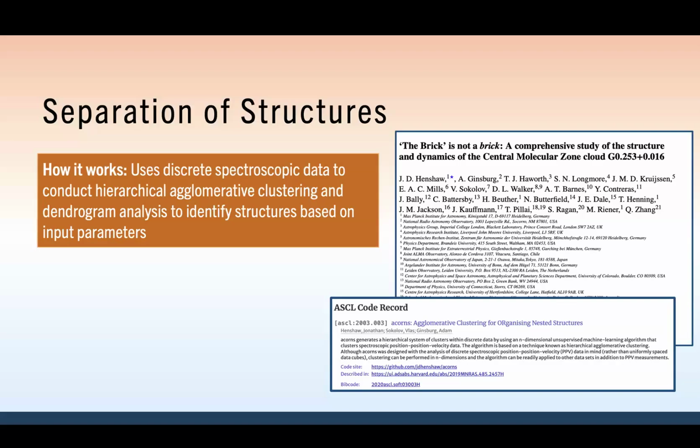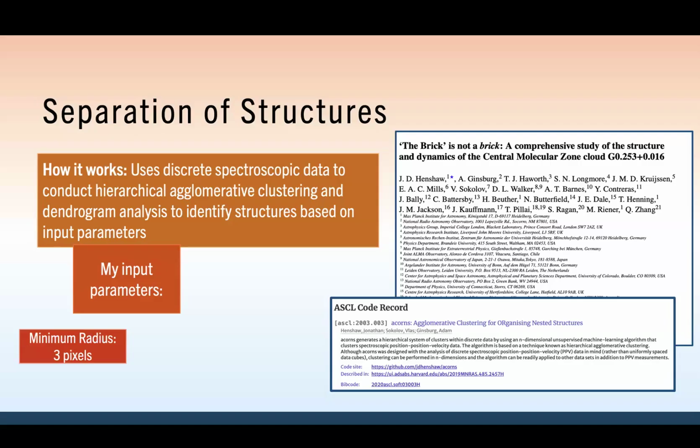And then it does a hierarchical agglomerative clustering and then a dendrogram analysis to identify structures based on the input parameters that I give it. Along with each of those discrete data points that I put in, I have to set some parameters for this dendrogram analysis. I set a minimum radius of any given structure to being 3 pixels, which is half of a beam size for the KFPA on the Green Bank telescope.